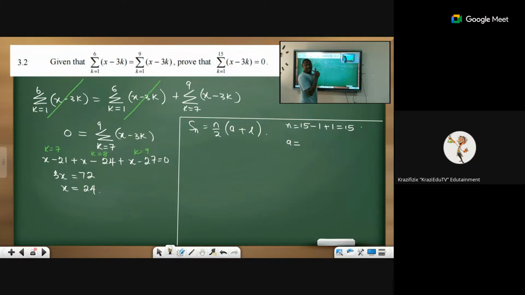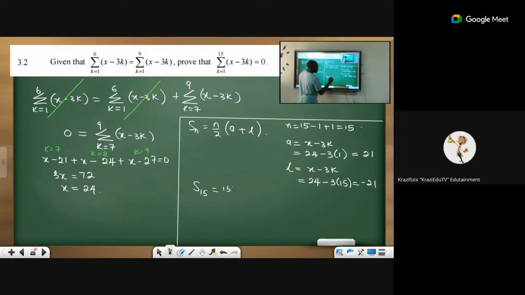A is the first term, which is x minus 3k, so 24 minus 3, and my k is 1. That gives 21. What is my last term? x minus 3k. x is still 24, and k is 15. That gives negative 21. Bring all of that in. S15 equals 15 over 2 times 21 minus 21. So that's the easier way. Done.